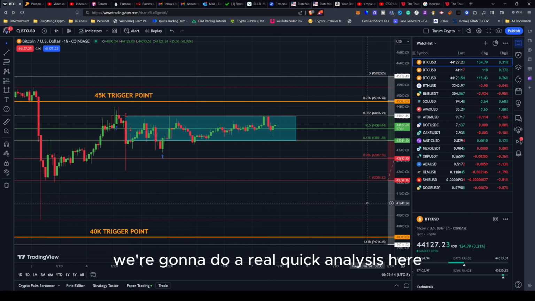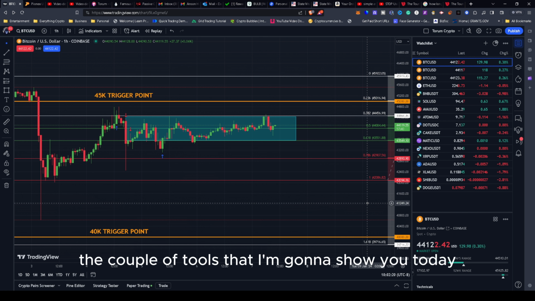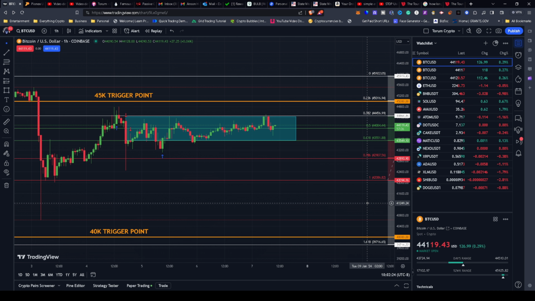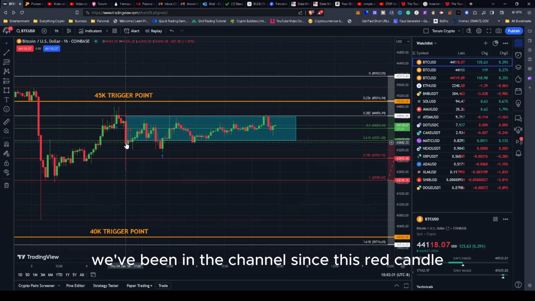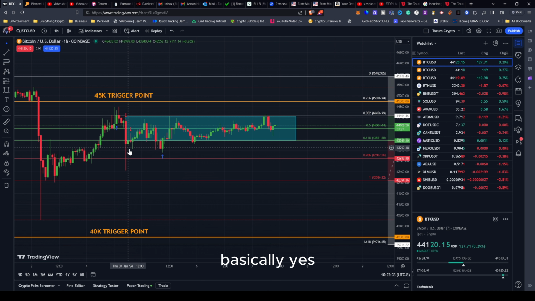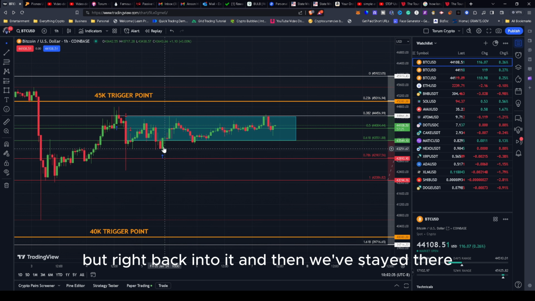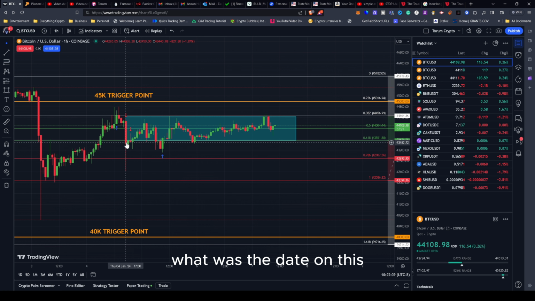We're going to do a real quick analysis here and then hop right into the couple of tools that I'm going to show you today. As you can see, I put up a channel box right here. We've been in the channel since this red candle, basically. Yes, we popped out of it, but right back into it, and then we've stayed there. What was the date on this?